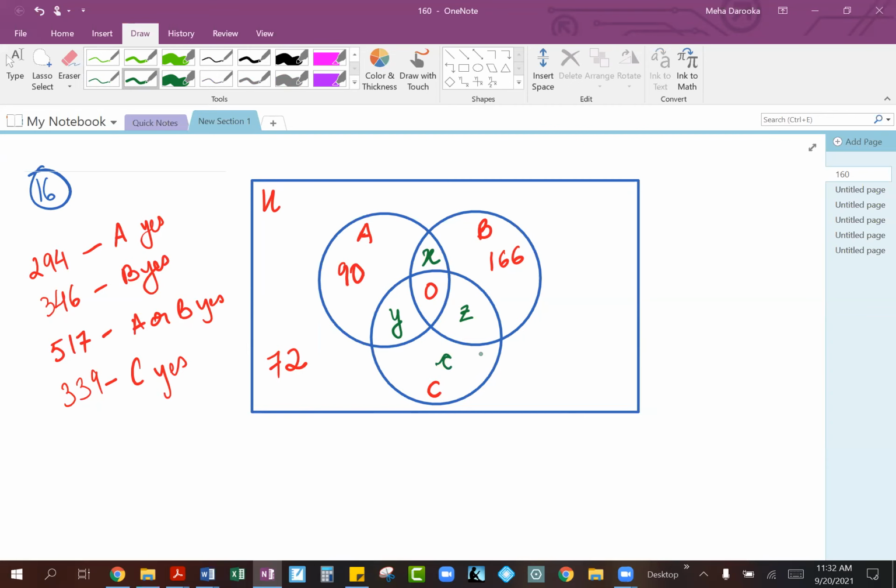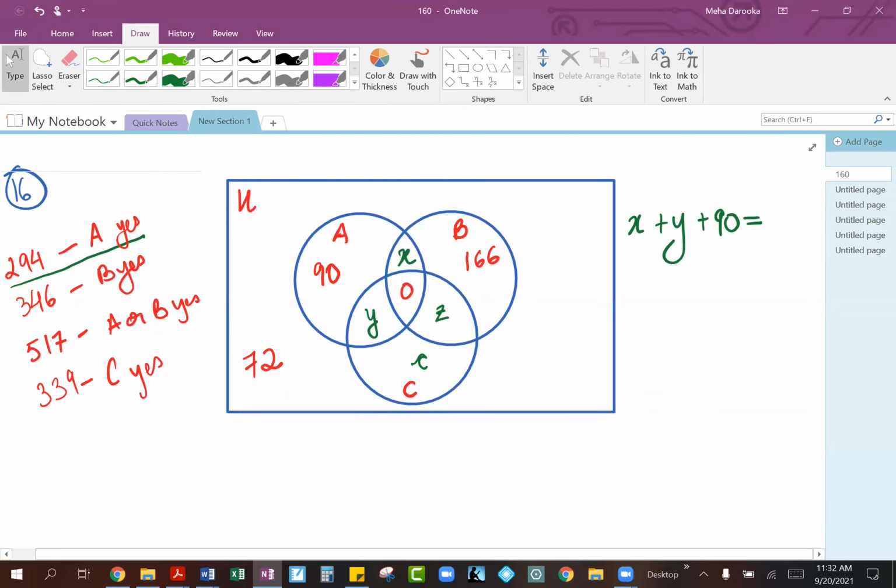Okay, so now think about the information we have on hand. They are telling us the total number of people who voted yes on A. So if you look at circle A, of course, we know there's 0 right in the middle for all three. So if I take my X and Y sections and add the section that has the 90 people in it, all three of those numbers have to add up to 294.